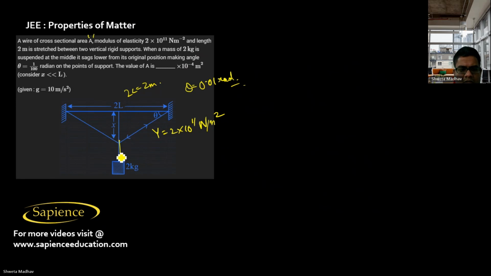Here we can see the mg, that this is tension T. So this is 90 again, cos theta. So their magnitude is small, so theta will be small.